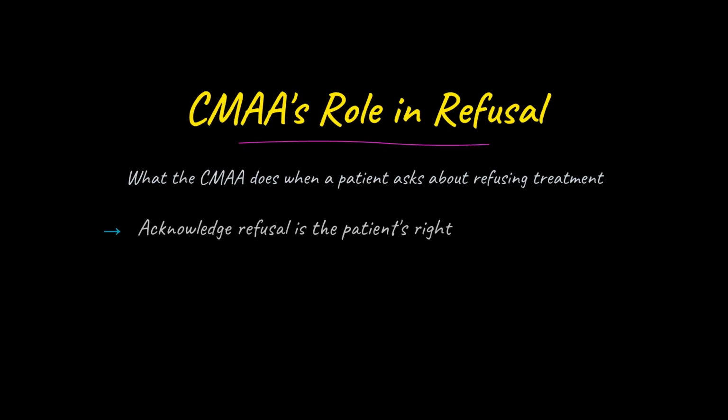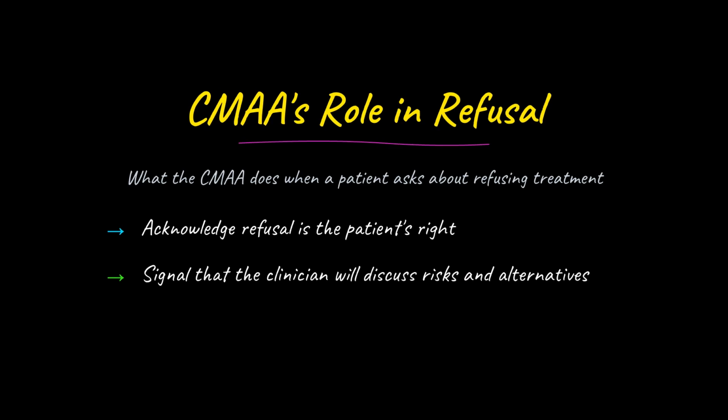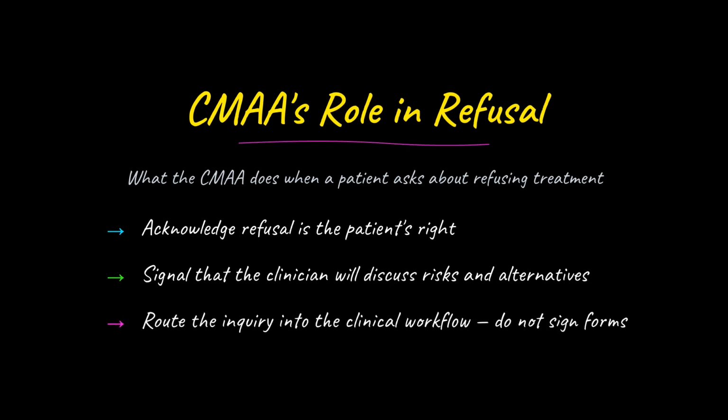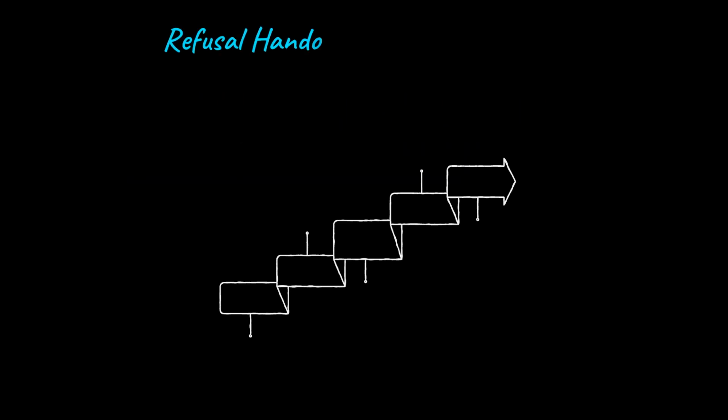When a patient raises the question of refusing treatment, the CMA has 3 responsibilities: acknowledge the right, signal that the clinician will follow up, and route the inquiry, nothing more. The CMAA never signs refusal forms, never shuts down the conversation, and never tells the patient that providers will overrule the decision.